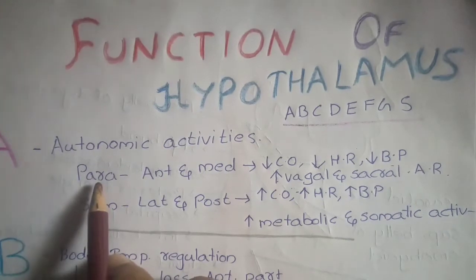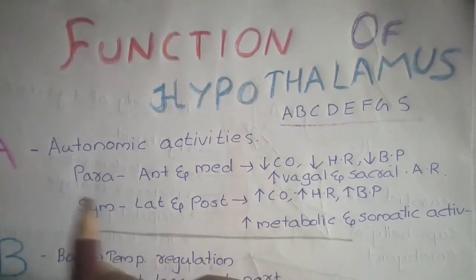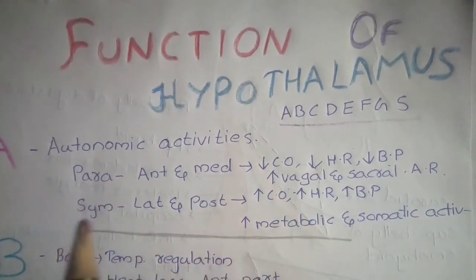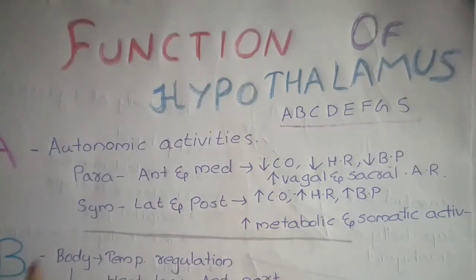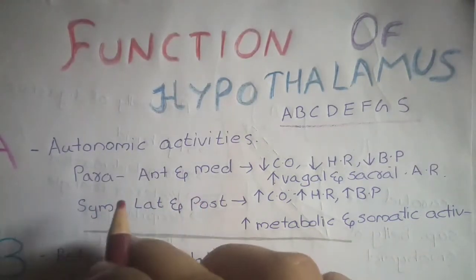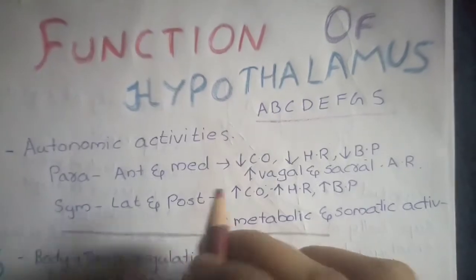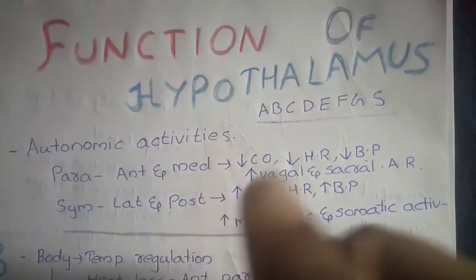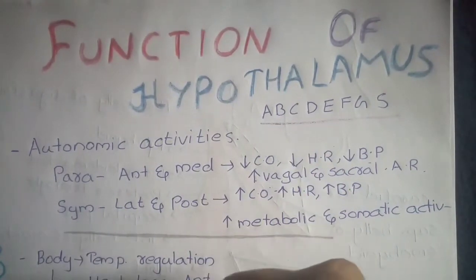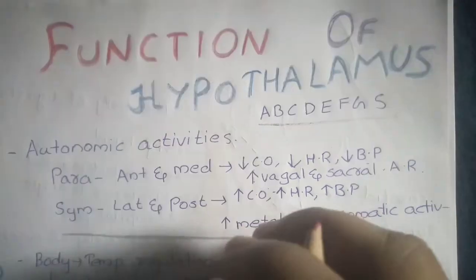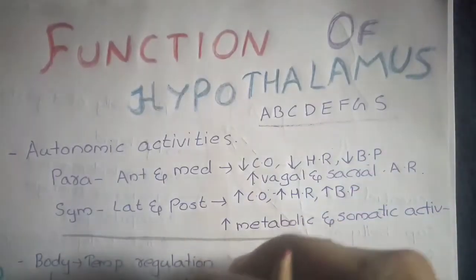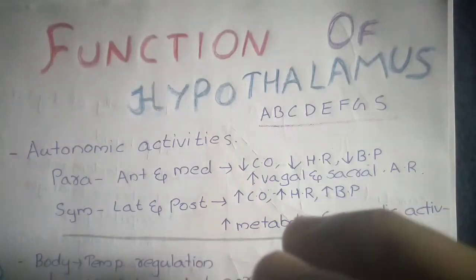The parasympathetic activities are related to the anterior and medial region of the hypothalamus, and it increases the vagal and sacral autonomic response, which means that it increases the cardiac output and increases the heart rate.